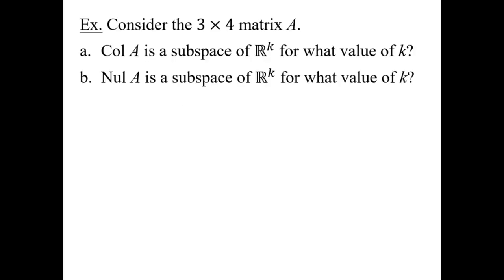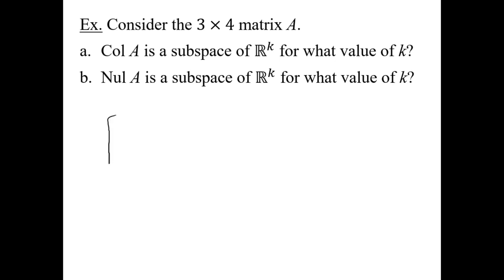All right, consider this for a moment. Let's say that A is a 4 by 3 matrix. We want to know the dimensions: the column space of A is a subspace of R to the what, and same for the null space. Okay, fine.